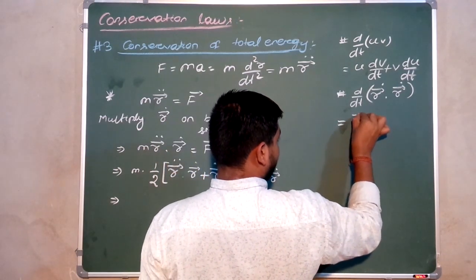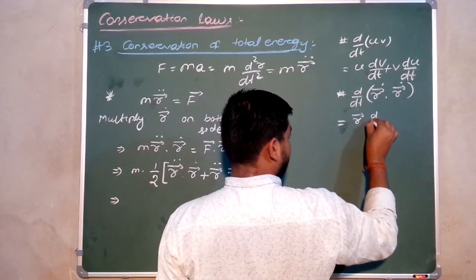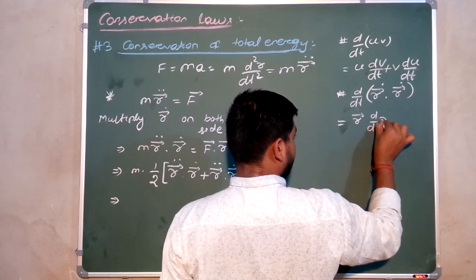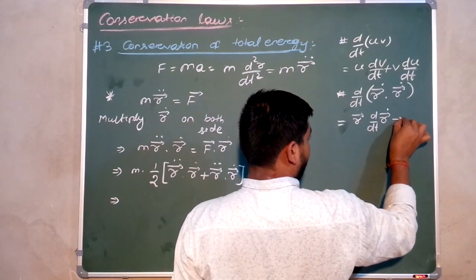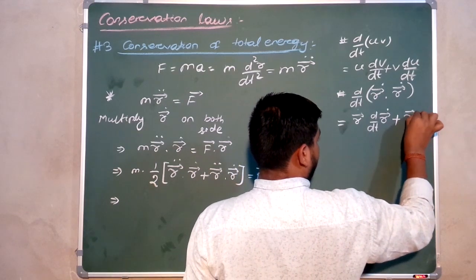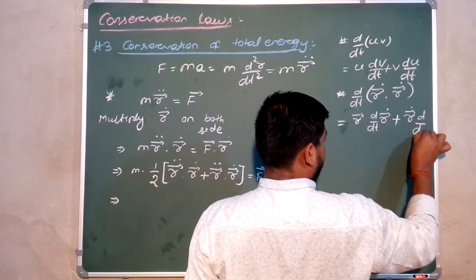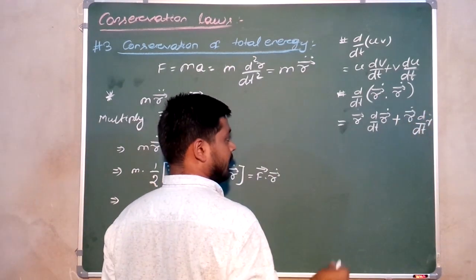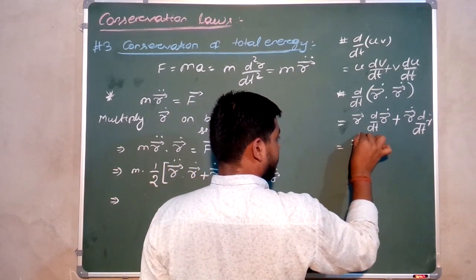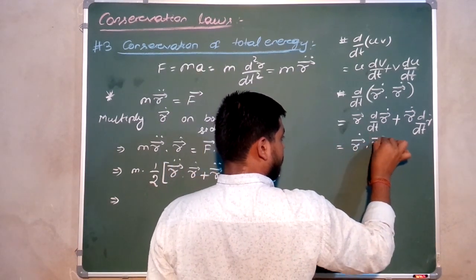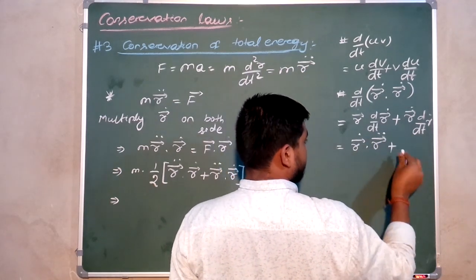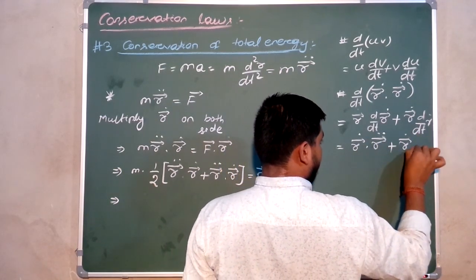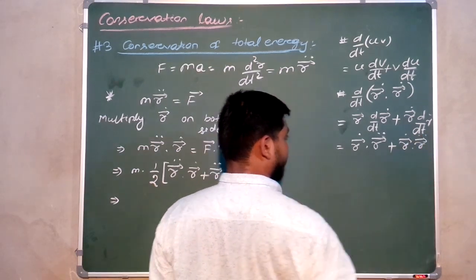First r dot d by dt of r dot, plus r dot d by dt of r dot, that is r dot r double dot plus r dot r double dot.